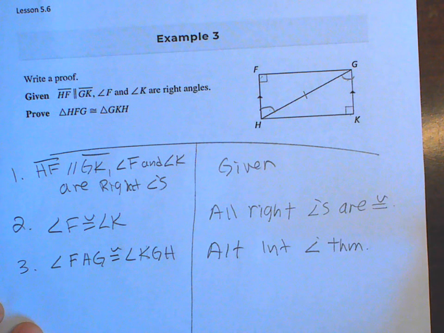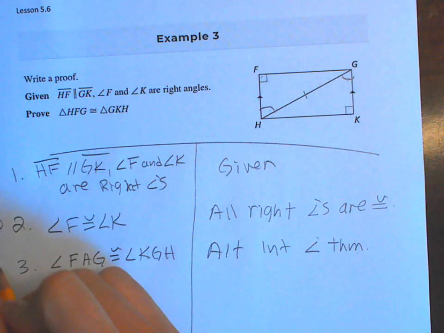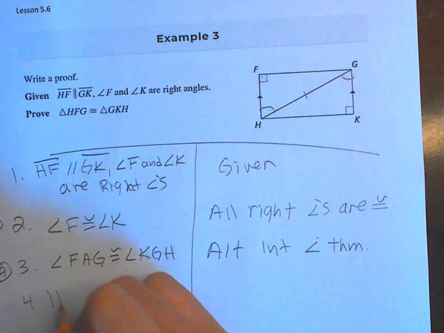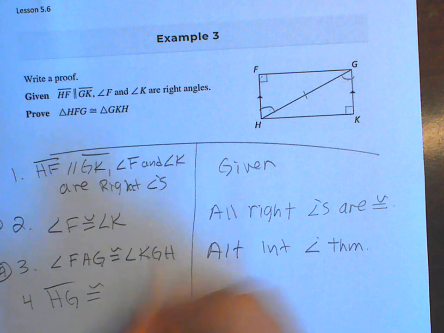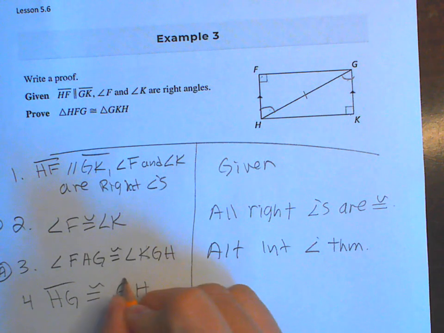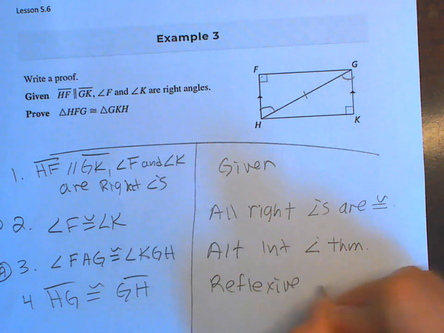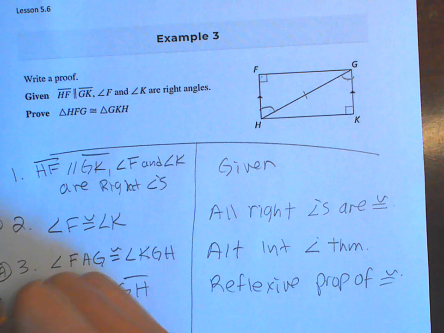Alternate interior angle theorem. Okay, so far here you have an angle, you have another angle, and now you need another side. So here HG is going to be congruent to GH. Why? Because of the reflexive property of congruence. So there's your other side.